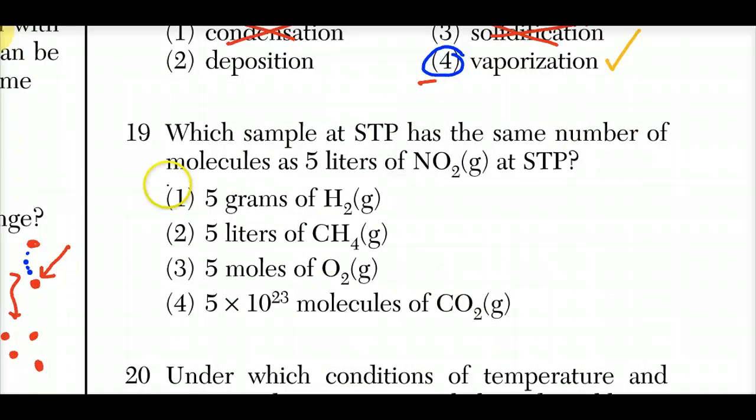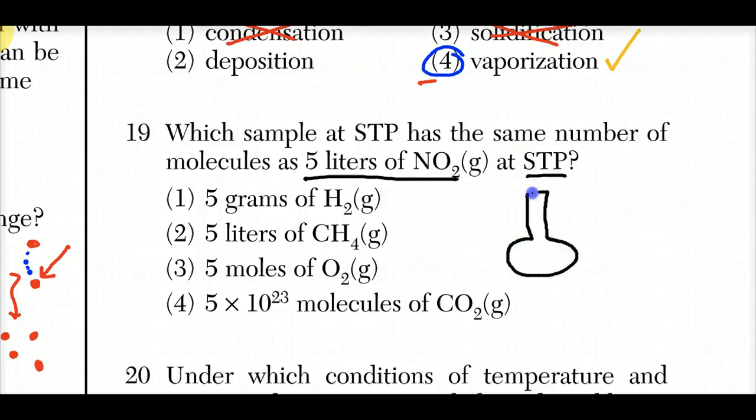4. Number 19, which sample at STP has the same number of molecules as 5 liters of N2 at STP? This is Avogadro's hypothesis. I call this the same problem. Same volume, same conditions of temperature and pressure, same number of particles. Avogadro called those particles molecules. So if this is a 5-liter container of one gas, guess what?